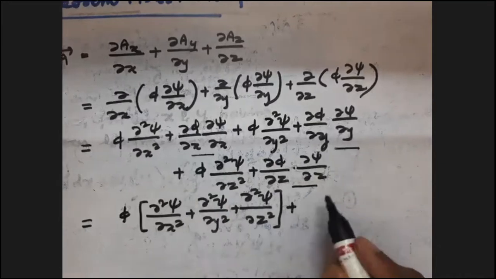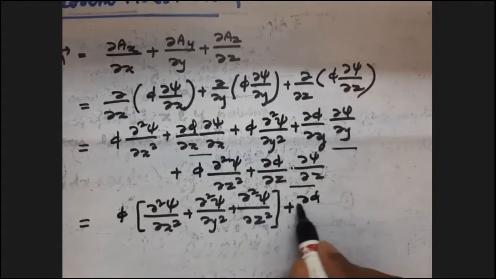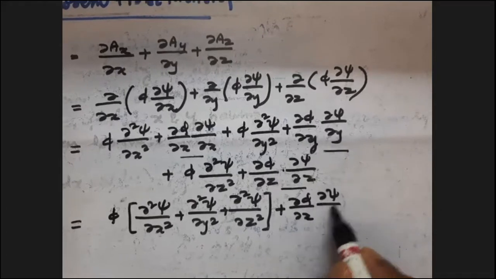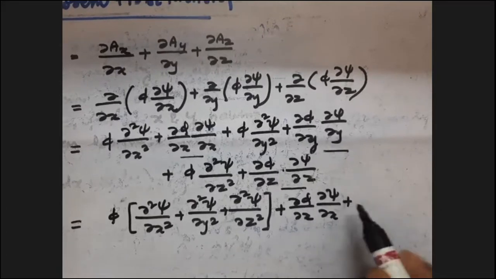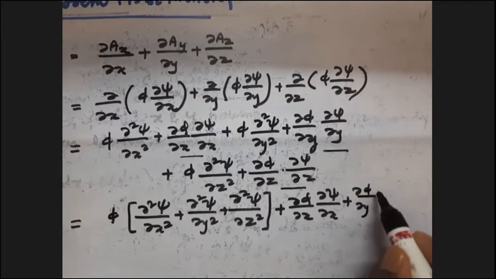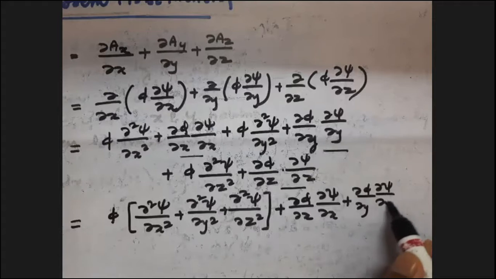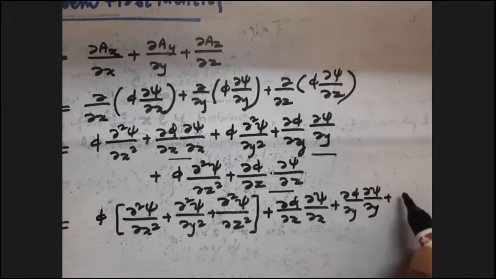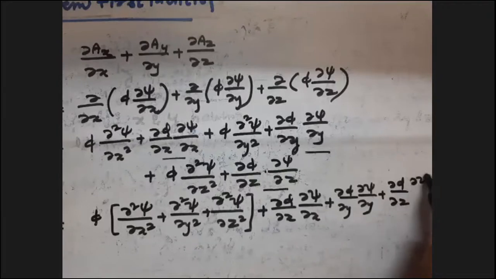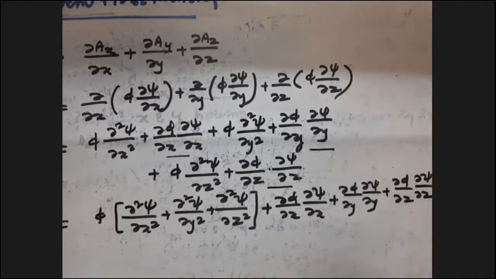So write as this: del phi by del x del psi by del x plus del phi by del y del psi by del y plus del phi by del z del psi by del z.